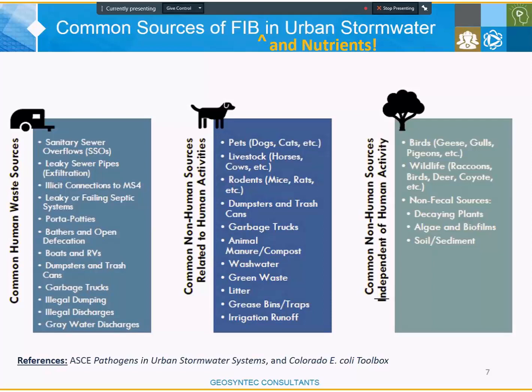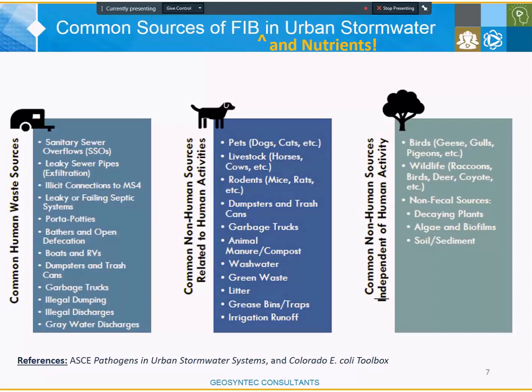So we typically bracket or categorize sources of indicator bacteria and pathogens into three categories based on their risk and controllability. First category is human waste sources, like sanitary sewer overflows, leaking sewer pipes, illicit connections. Those that are anthropogenic in nature but non-human fecal, things like pets and livestock, rodents, and then the dumpster waste and trash cans, excluding the diaper side of that.